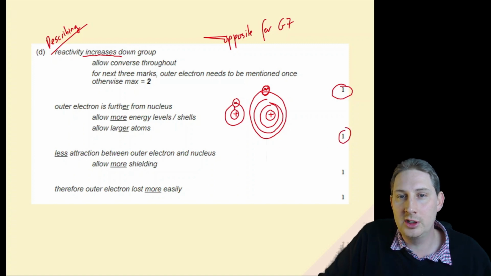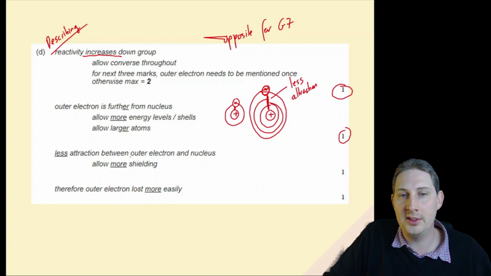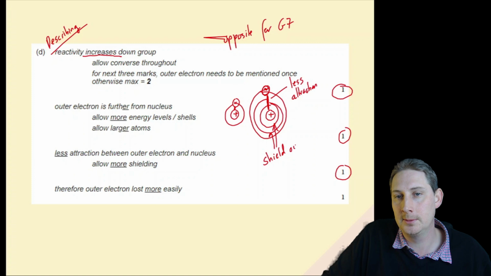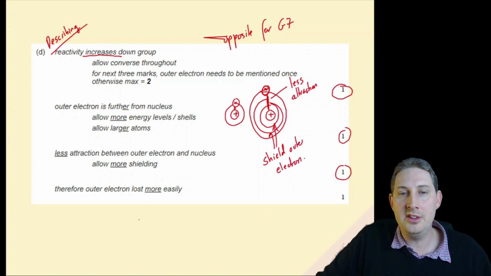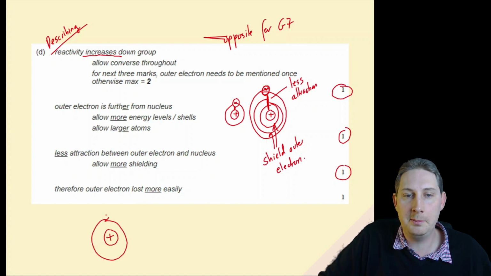The second mark is for talking about the fact that the electron is attracted to the nucleus, but because it's further out, there's less attraction. So less attraction between the outer electron and the nucleus. Or there's more shielding. The inner shells, they shield the outer electron. And the final thing is talking about the fact that because these are group 1 metals, they want to lose an electron.